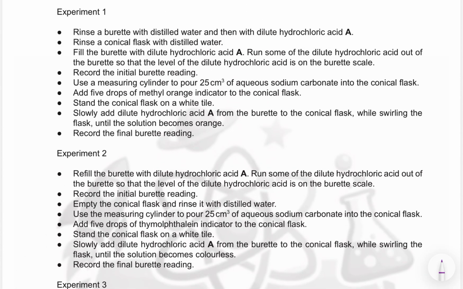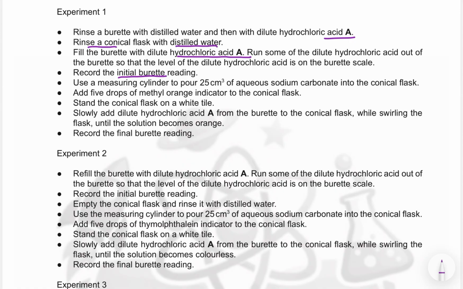So for the first experiment, rinse a burette with distilled water and then with dilute hydrochloric acid. Rinse a conical flask with distilled water. Fill the burette with dilute acid A. Run some of the dilute hydrochloric acid out of the burette so that the level is on the burette scale. Record the initial burette reading.